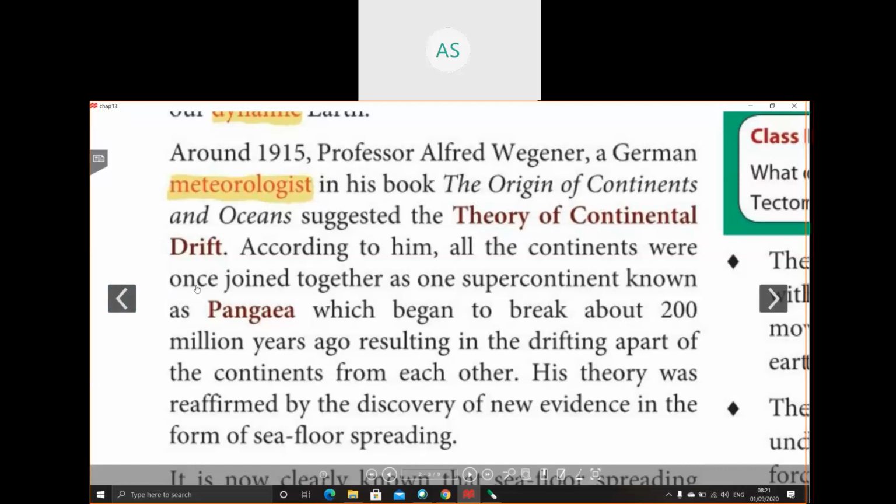Okay, so you have to write down this thing in your book, the theory of continental drift. And according to him, all the continents were once joined together as one supercontinent known as Pangea.